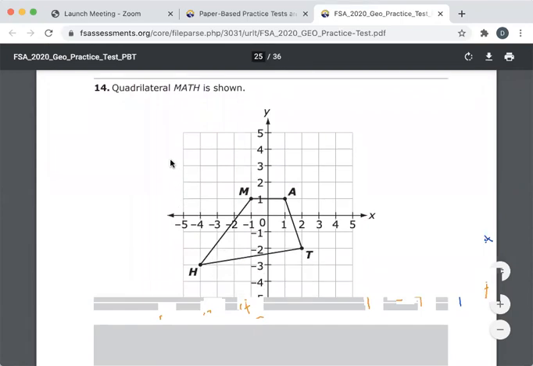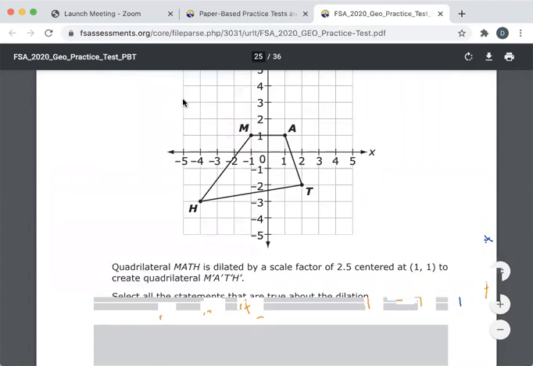Okay, we have quadrilateral MATH, and it's shown, and it's dilated. Dilated means it gets bigger or smaller, like your eye in an eye exam, or Alice in Alice in Wonderland when she eats those things in that tunnel. So it's dilated by a scale factor of 2.5, centered at (1, 1).